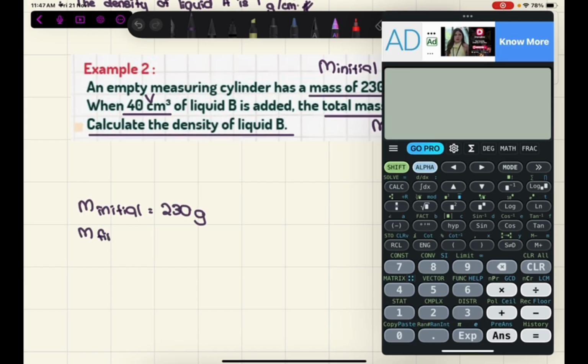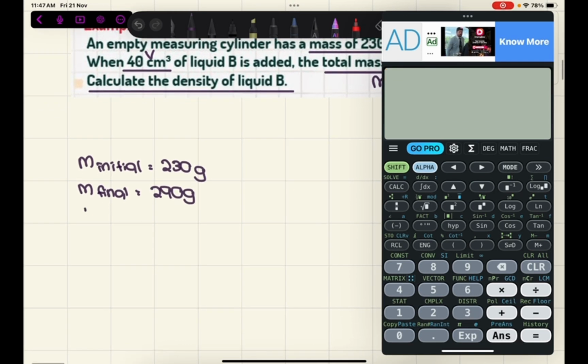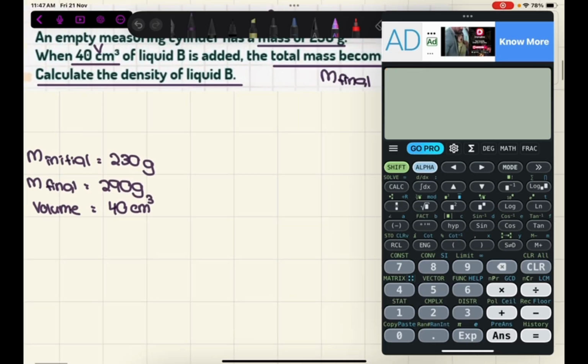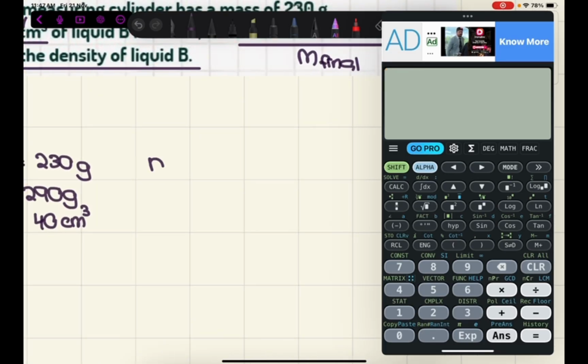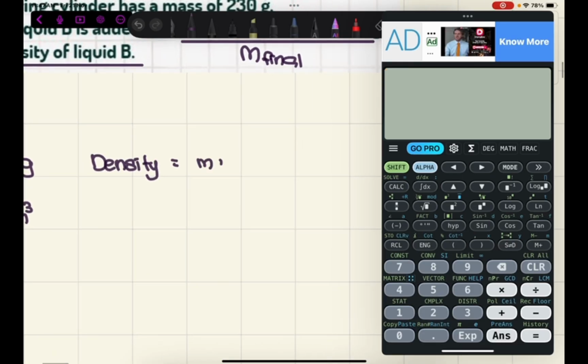Final mass equal to 290 gram. The volume is 40 centimeter cubic. Okay, so what is the formula of density? Still remember or not? Need to remember. Density equal to mass over volume.